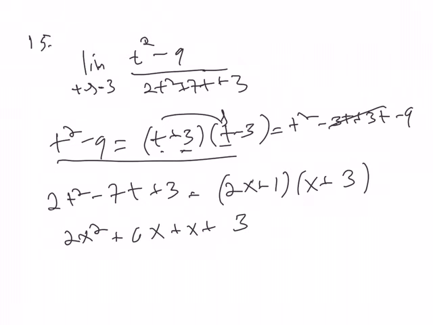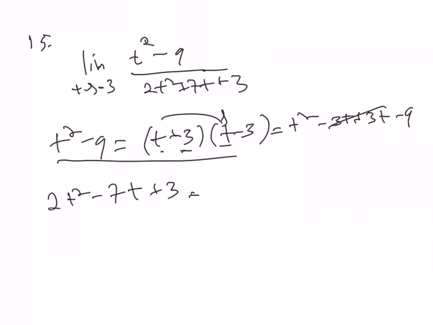These are supposed to be t's. So that is equal to 2t plus 1 times t plus 3.